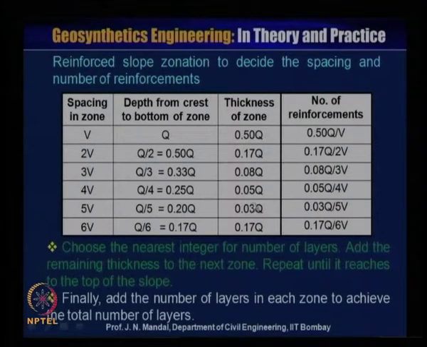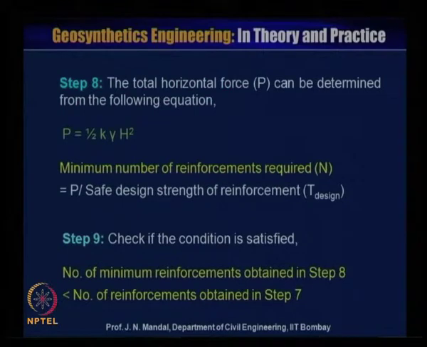You have to choose the nearest integer for the number of layers and add the remaining thickness to the next zone, and repeat until it reaches the top of the slope. Finally, add the number of layers in each zone to achieve the total number of layers. It will be more clear when I give one example.